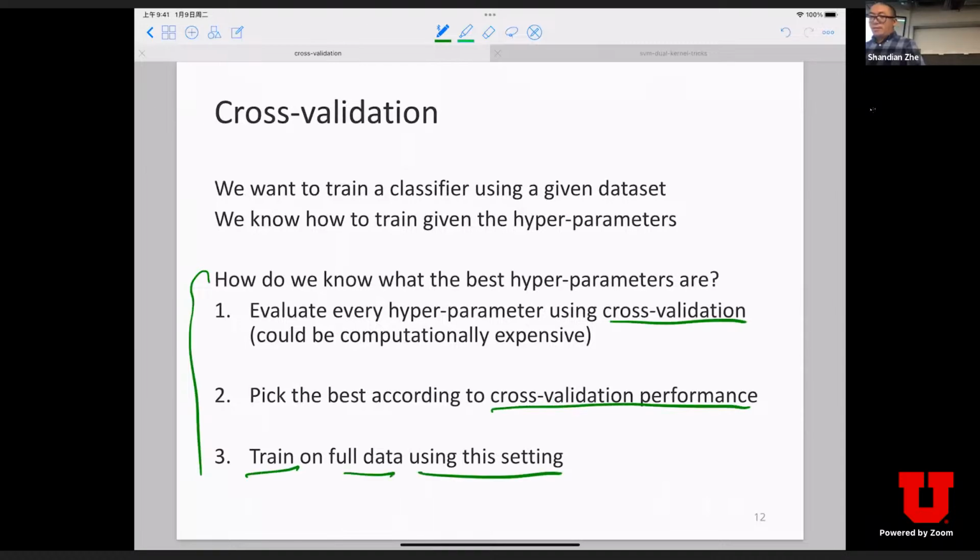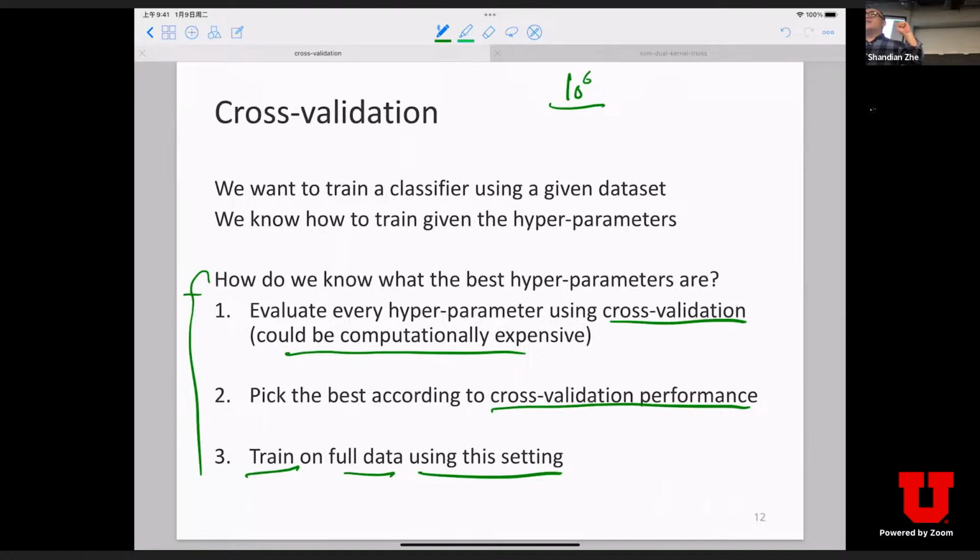This is a very simple, very straightforward method, but be aware it could be computationally expensive, especially when your data set is large. Suppose you have 1 million data points and you partition it into 5 folds. That means you have to run training 5 times and take the average to get the performance measurement for one particular hyperparameter value.